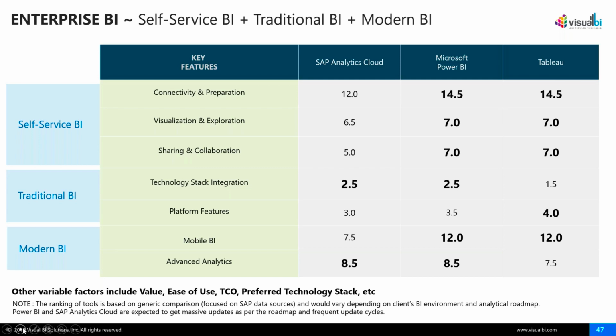That doesn't mean they are far behind in a lot of areas. I'm very curious to see how much of a lead Microsoft can keep pushing, and whether Tableau and Analytics Cloud can catch up with it. It's going to be interesting, or is there going to be a completely new one that's able to challenge these three vendors and come ahead?